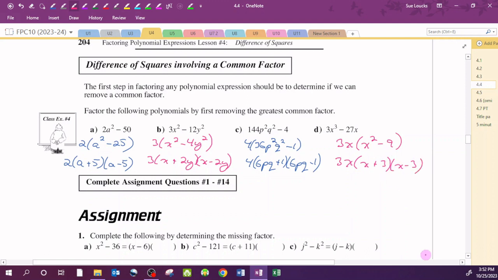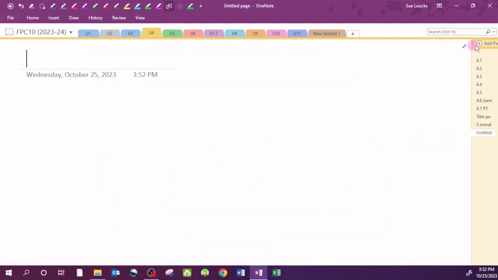Okay. Now, I promised you I was going to show you just an extension on this and why I do the addition first. What if I had, let's say, 81x to the 4 minus 1. Let's just go with that.